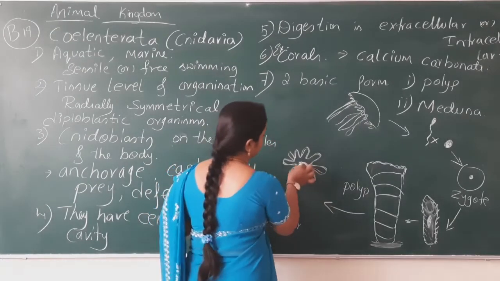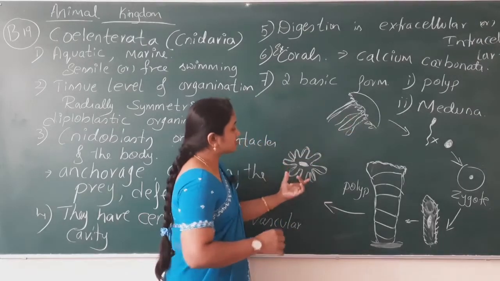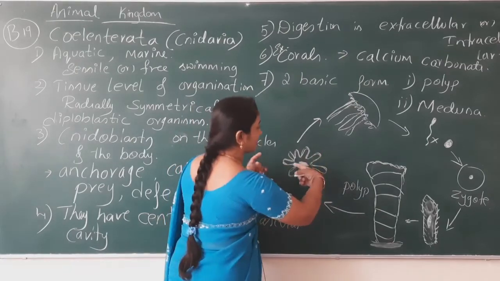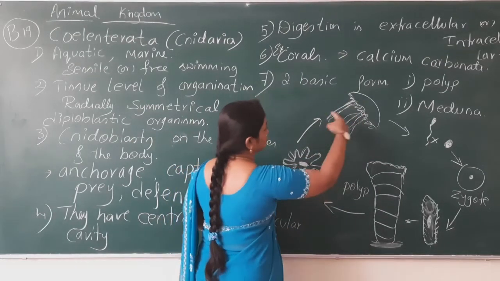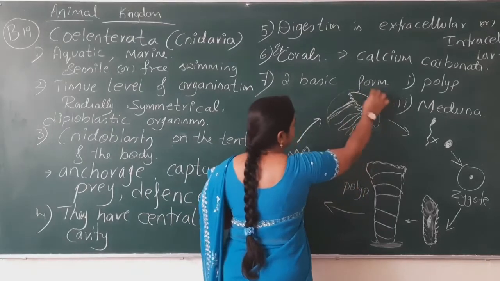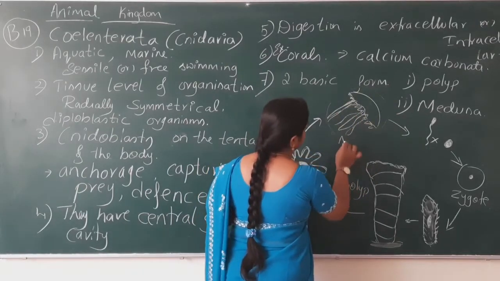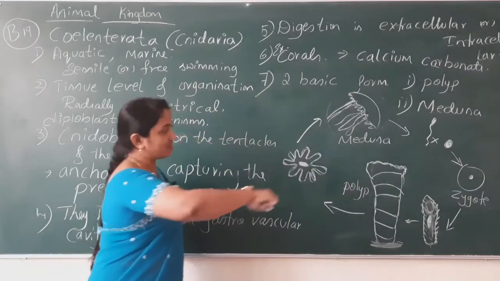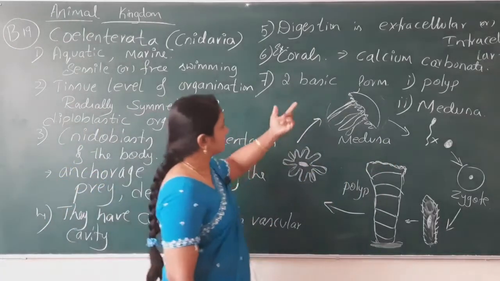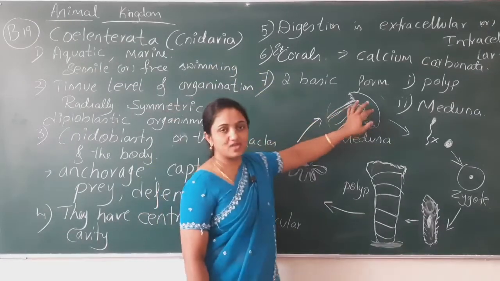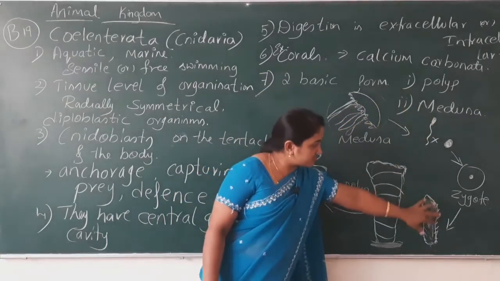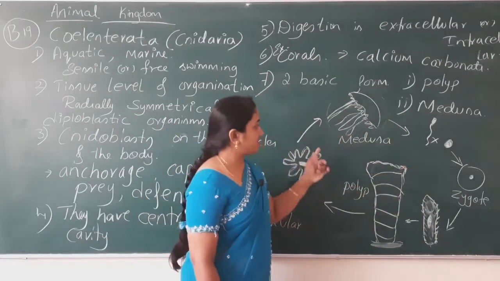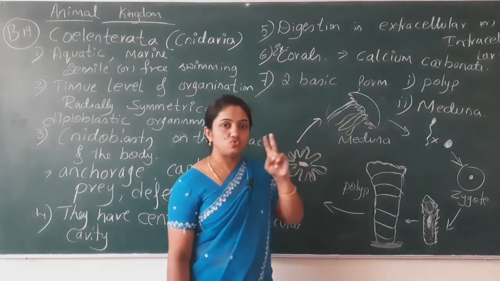Basically, the Aurelia looks somewhat like this, and it develops further and comes to this exact structure. It is known as medusa. Now, this is the life cycle of what? Aurelia, the animal Aurelia. This is how it completes its life cycle. In its life cycle, we can see two forms.